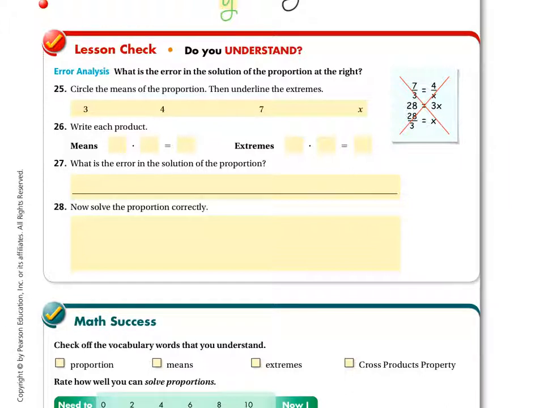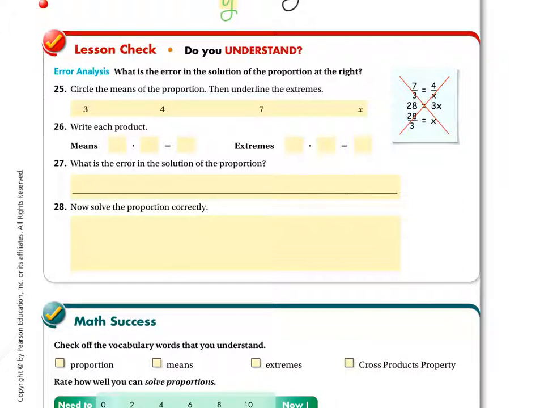Oh, maybe it's because... Oh, yeah, there it is. So look at, there you go. So second page of your notes, which is under the means and extremes.